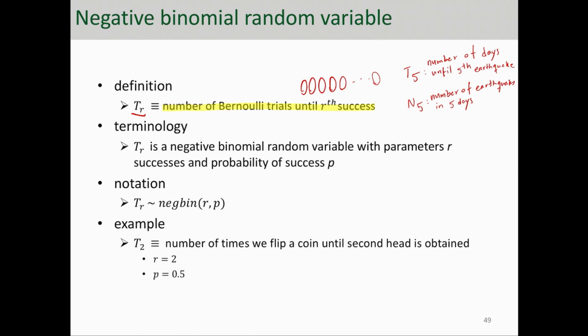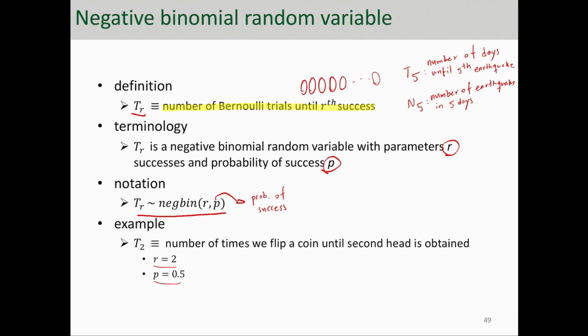And the two parameters that negative binomial has is the r and the p. And p is the same p, is the probability of success. And this is how you define a negative binomial random variable. Another example is given here. T2 is the number of times we flip a coin until second head is obtained. Well, r is 2, p is 0.5, probability of success.